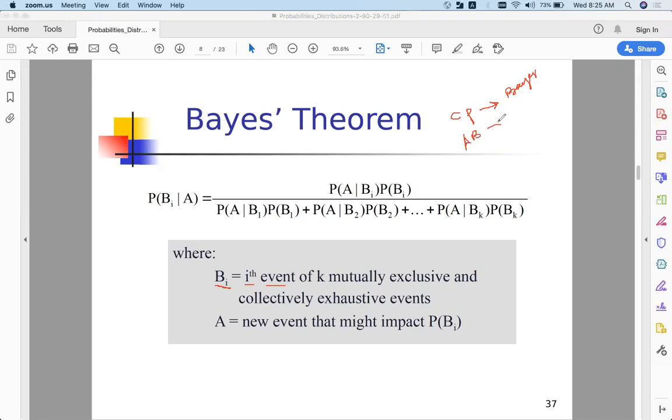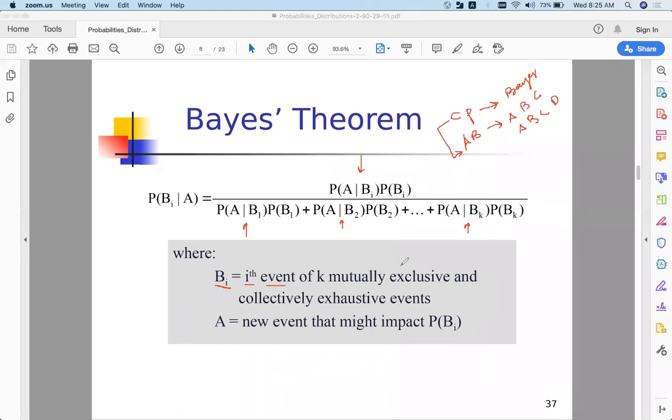Bayes theorem handles more than two. So let's say you have events A, B, and C, or let's say you have four events A, B, C, and D. This is just an extension of this particular formula. As you can see, all of these are actually conditional probability.